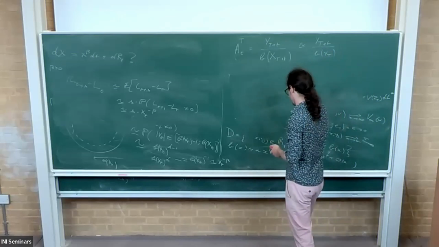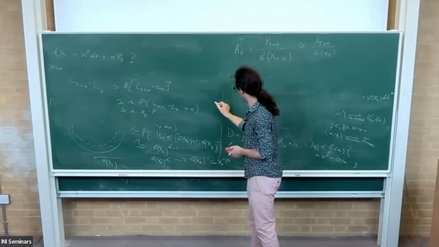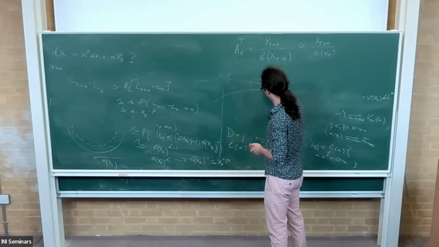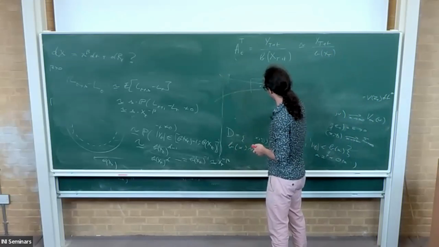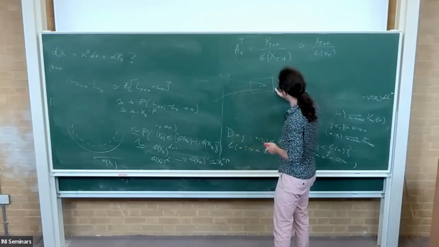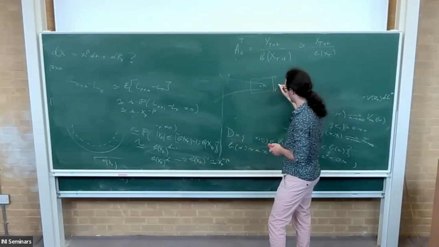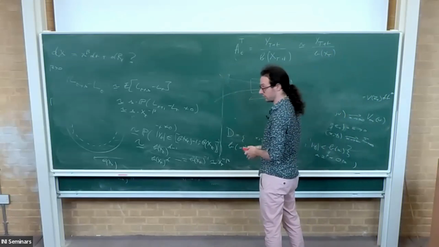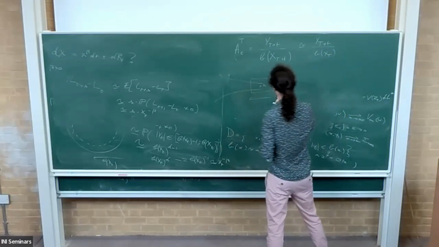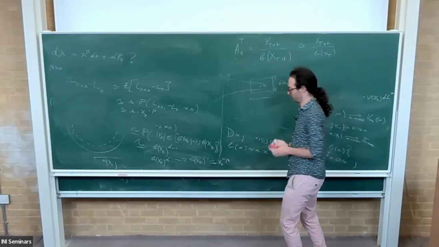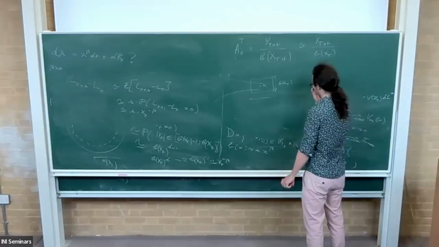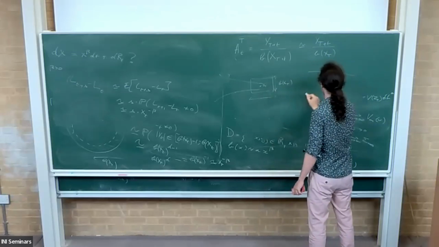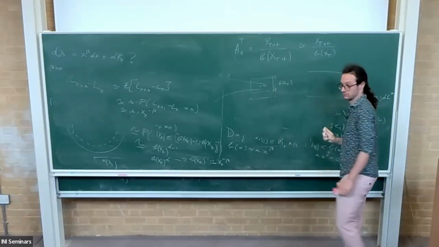Sorry, I think this is too complicated. Essentially, what I'm saying is you have your domain like this. What you do is you look at some window around your point ZT. This window is going to be in this direction of order B of XT. But in this direction, you can actually take something that is much larger, but not so much. And when you rescale things properly, what you're seeing here is essentially a diffusion on the infinite cylinder, right?